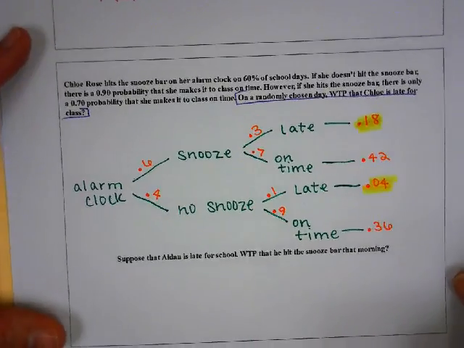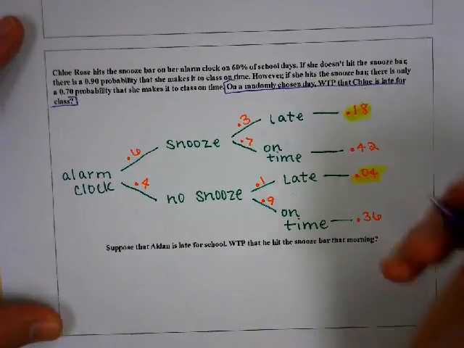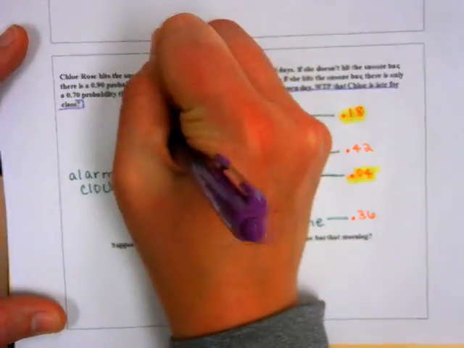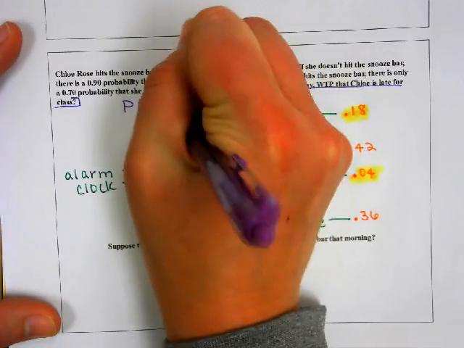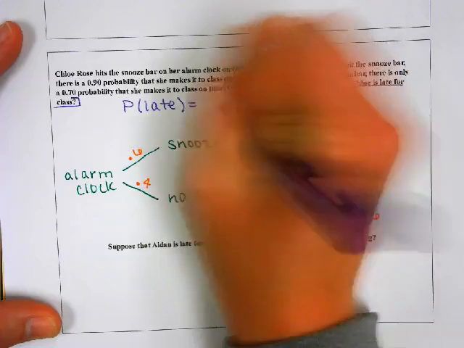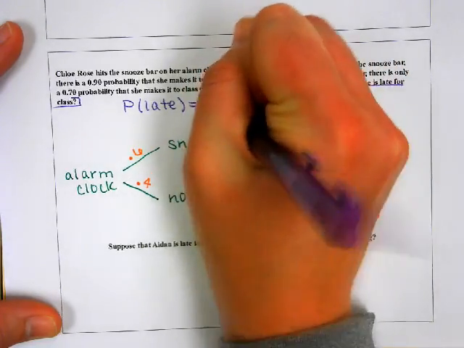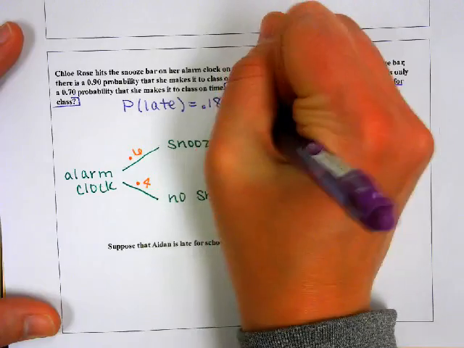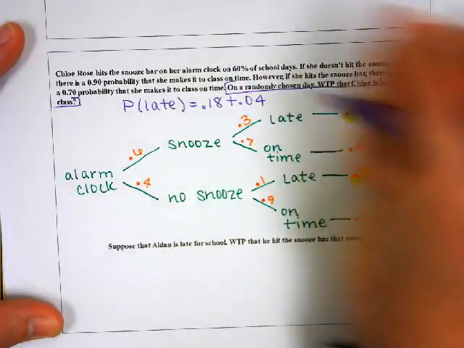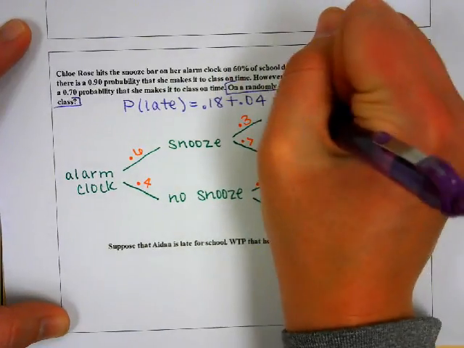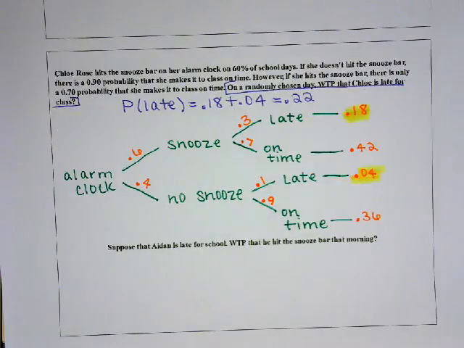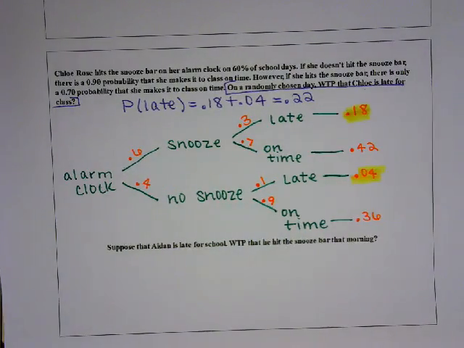I'll put it up here. It comes from 0.18 plus 0.04, which would be 0.22. So Chloe would be late 22% of school days.